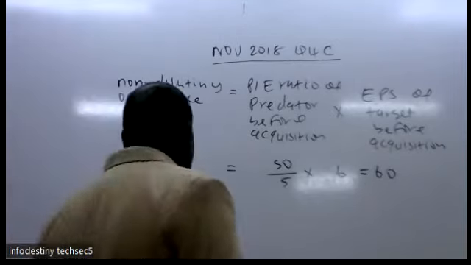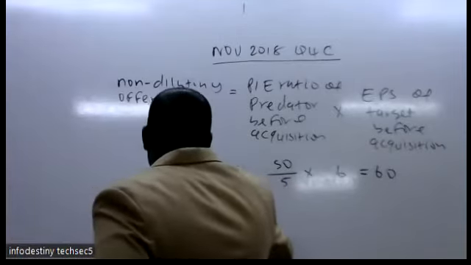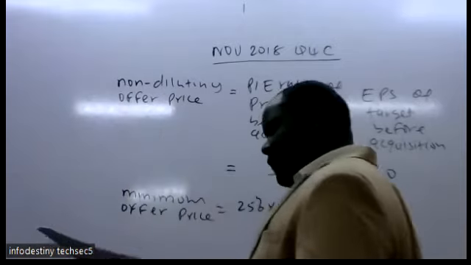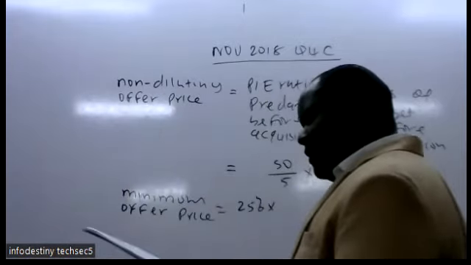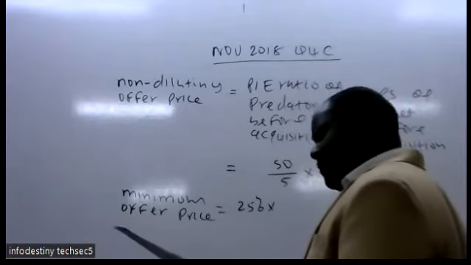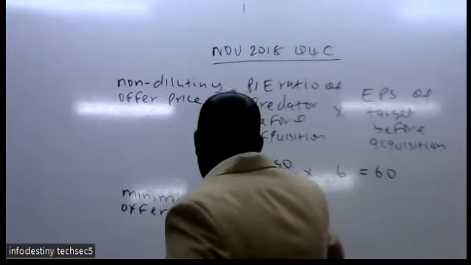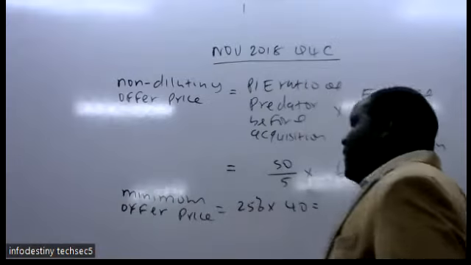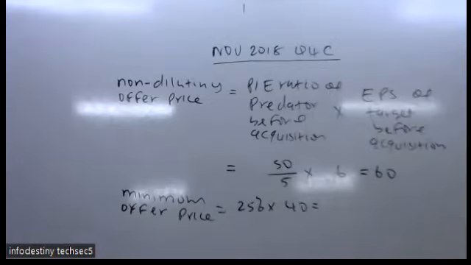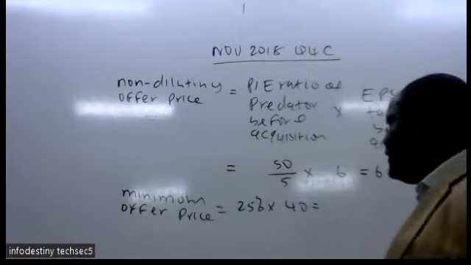So simply get 25% of the price per share for Roca. The market price per share for Roca is 40. So we come up with the value for that, to give us 10.